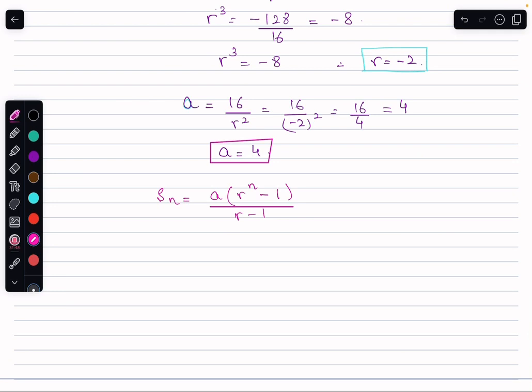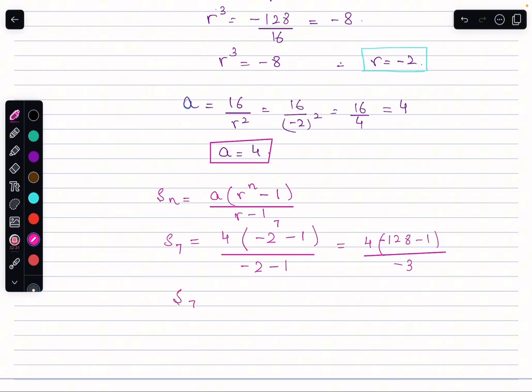If I use this formula for S of 7 terms, I'll be using n as 7, a is 4, r is negative 2 to the power 7 minus 1, divided by negative 2 minus 1. So here my answer is going to be negative 2 to the power 7, which will give me negative 128, and a negative 1, divided by negative 3.